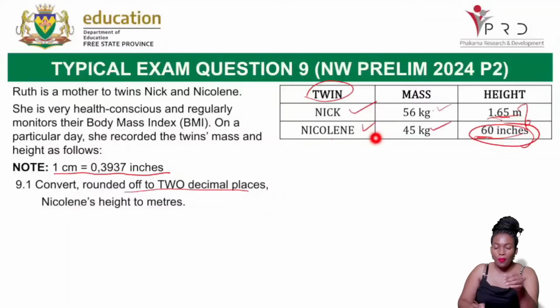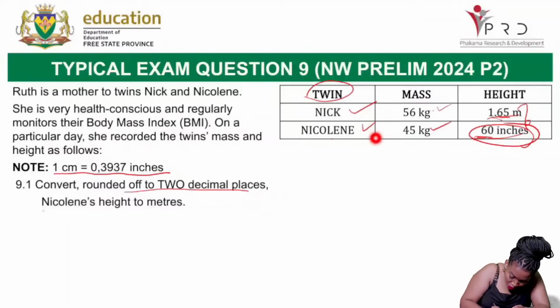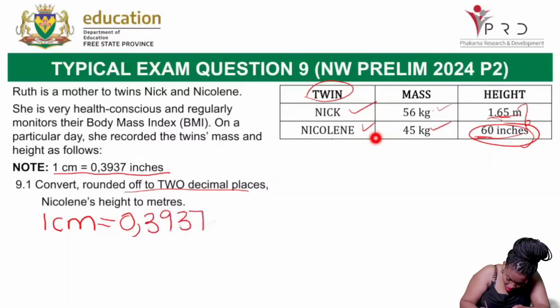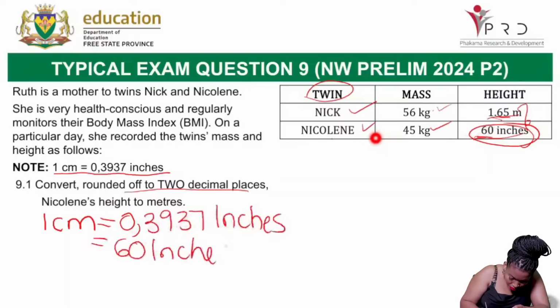It is 60 inches. So we've got the conversion factor, that 1 centimeter is equivalent to 0.3937 inches. We've got the inches, and we say 60 inches is equal to what? We want the height.